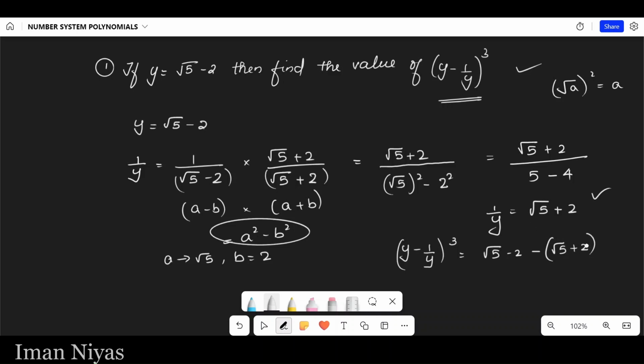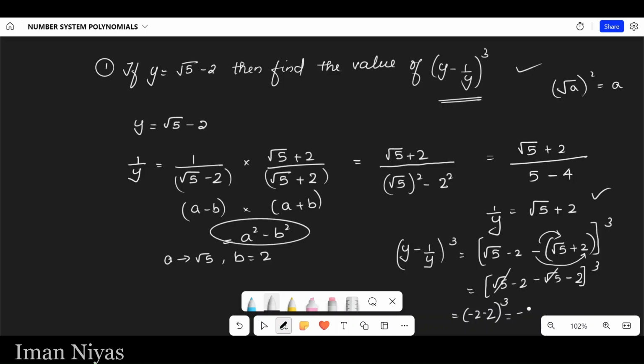We have here root 5 plus 2, this whole raised to 3. And first we will solve inside the bracket, right? So root 5 minus 2, minus into root 5 is minus root 5, minus into positive 2 is minus 2, the whole raised to 3. Can I cancel positive root 5 and negative root 5? Yes. So after cancelling, you will get inside the bracket minus 2 the whole raised to 3.